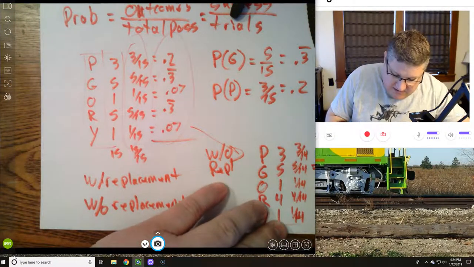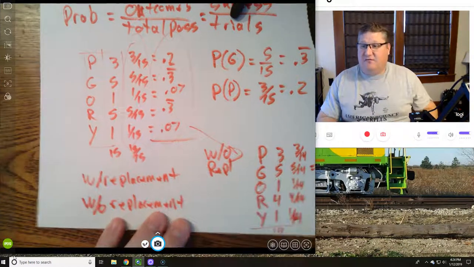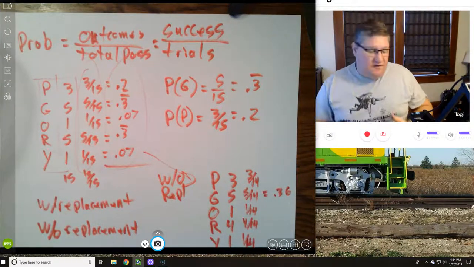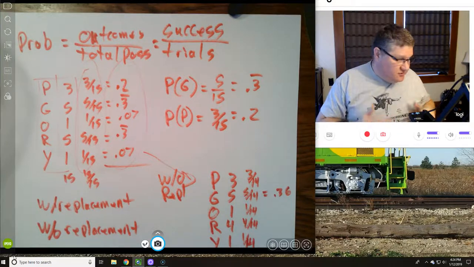So now it's changed, and every one of these numbers would change. So with replacement versus without replacement makes a huge deal.